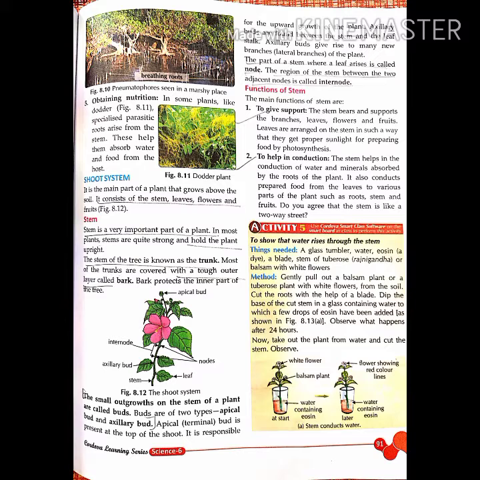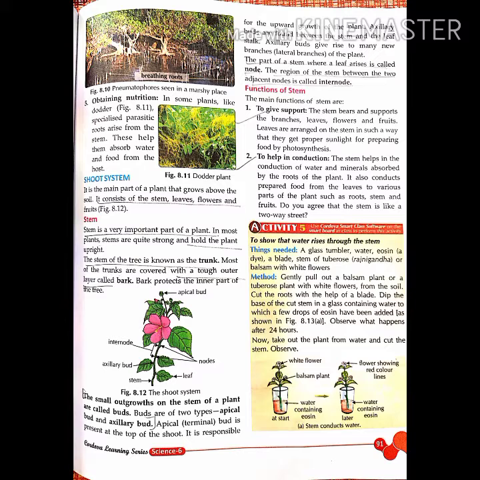Now what are the functions of stem? First, to give support. As we all know, this stem is so hard and strong, so it gives support to the branches, leaves, flowers and fruits. It helps the leaves get proper sunlight for photosynthesis, for preparing food for the plants.